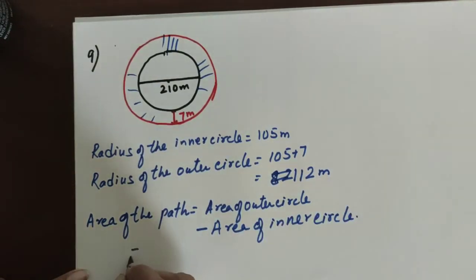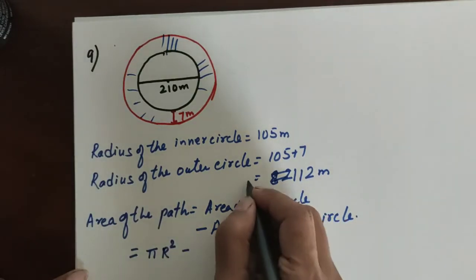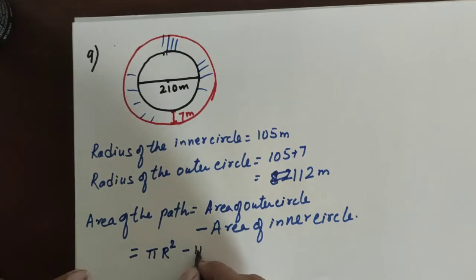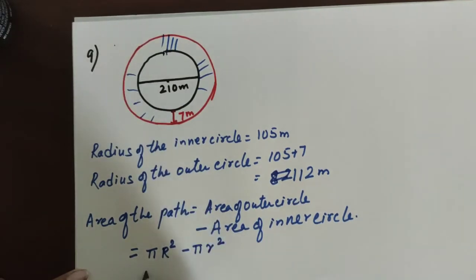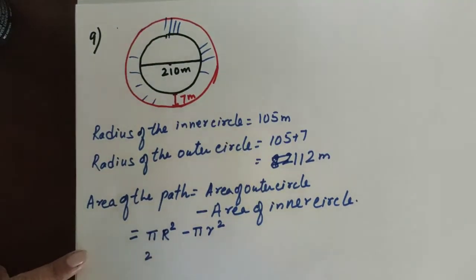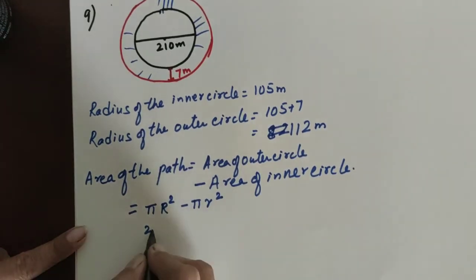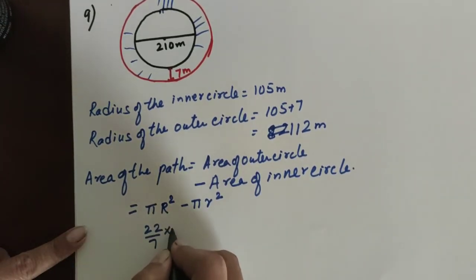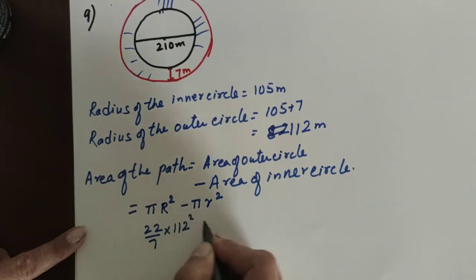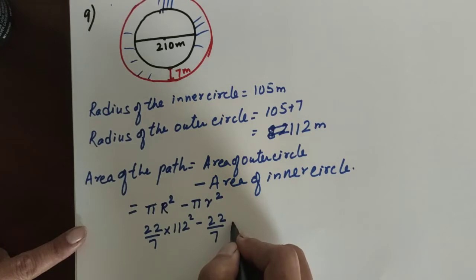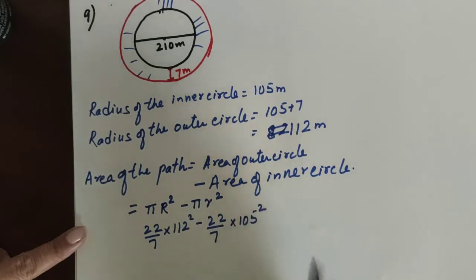Okay, so the area of the outer circle is pi r square. The radius of the outer circle is 112. I take it as capital R, and the inner one I take as small r. So this is 22 upon 7 into 112 square minus 22 upon 7 into 105 square.